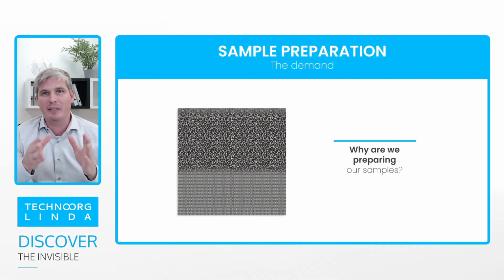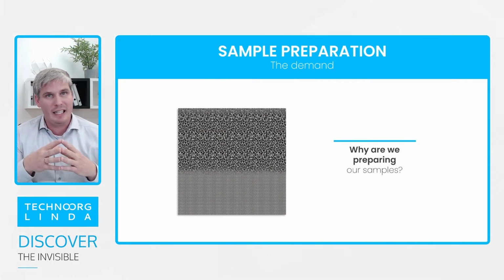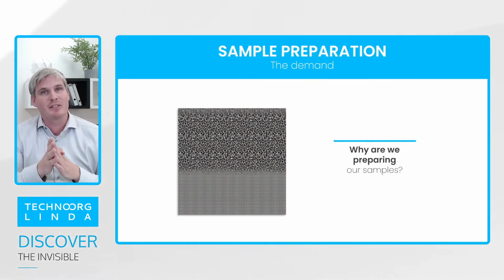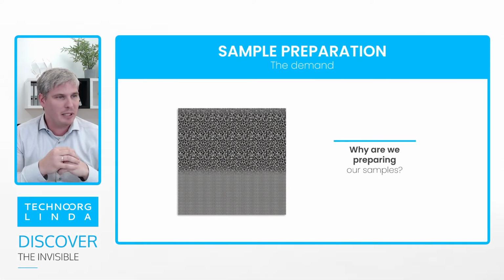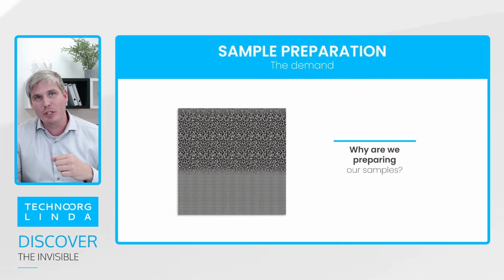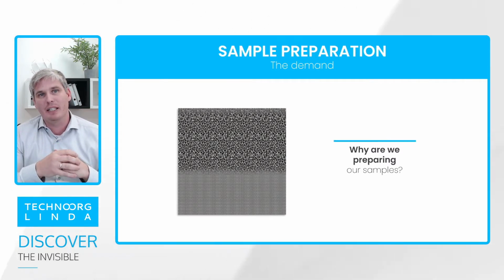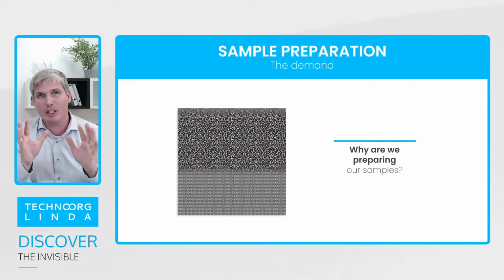You might think that this is the real structure of the sample, but it's not. It is an artifact caused by the mechanical preparation. So something is needed, a technique that can remove everything, including the damaged and reoriented part, and is gentle enough to keep the original structure as it was before.